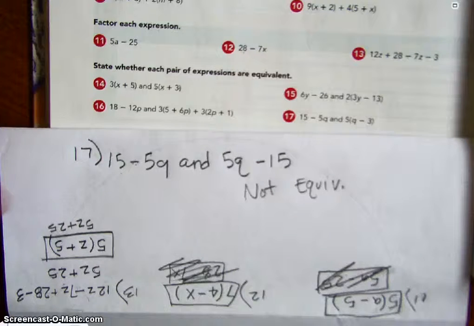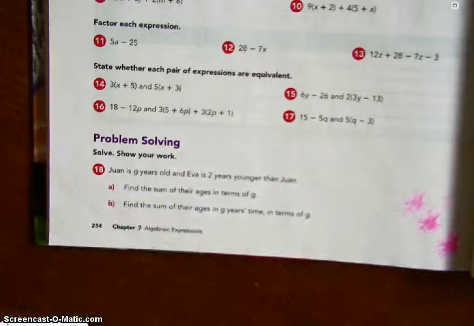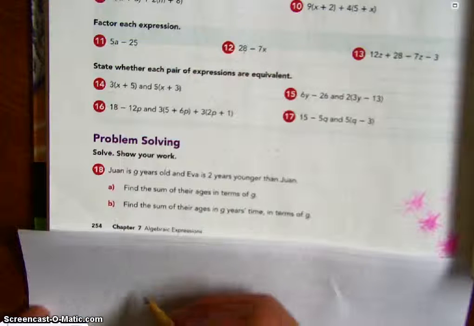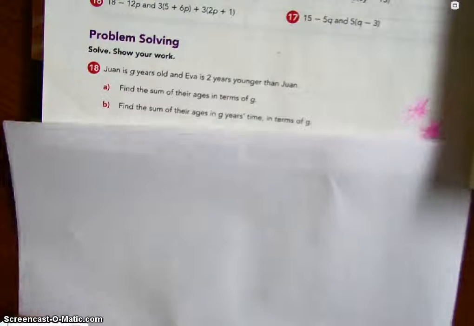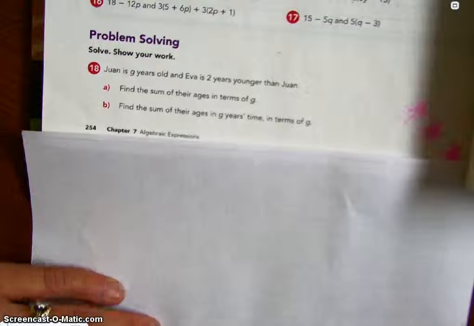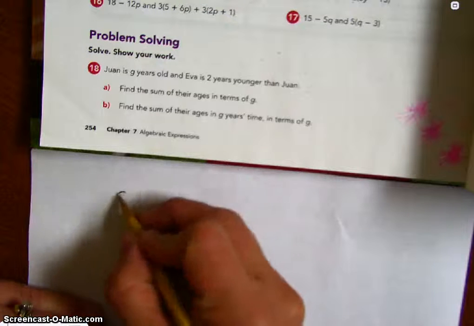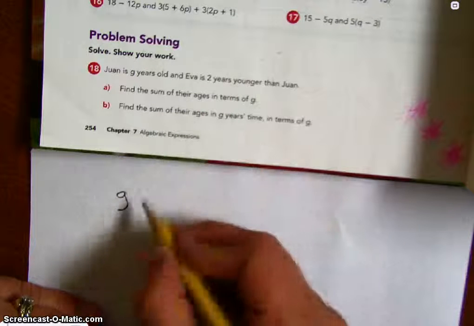So number 18, I'm going to get a new piece of paper here. Number 18, Juan is G years old, and Eva is 2 years younger than Juan.